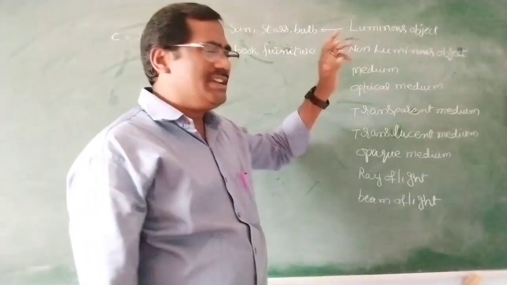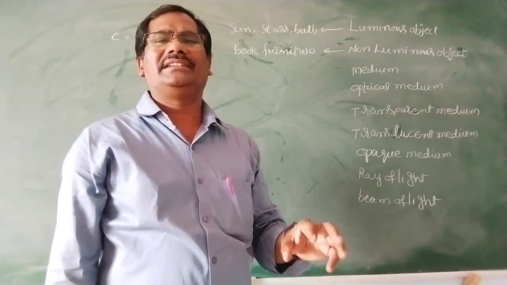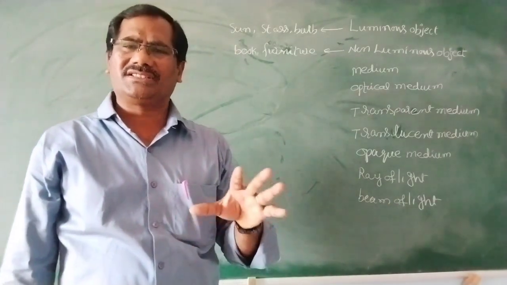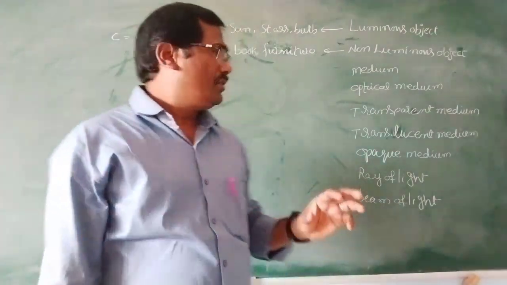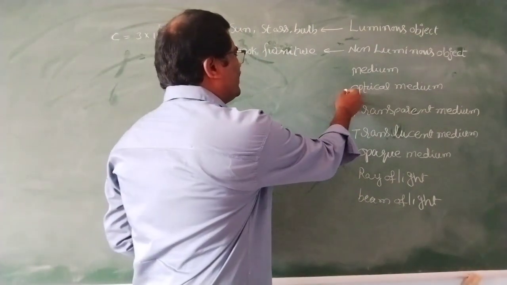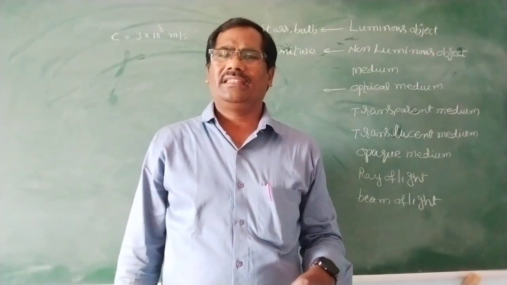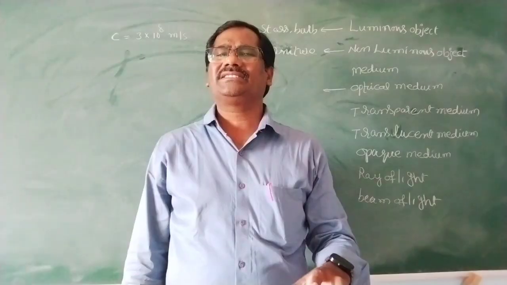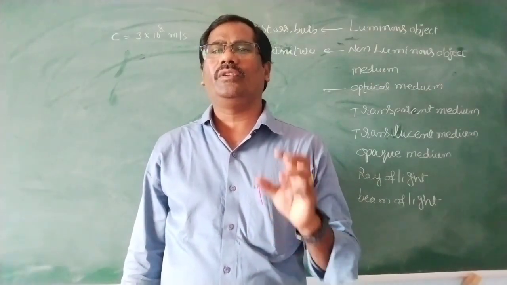Next, medium. What is a medium? A medium is nothing but matter, either solid, liquid or gas. Next, optical medium. An optical medium means the light travels through it, either partially or wholly.